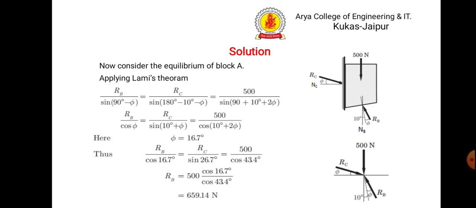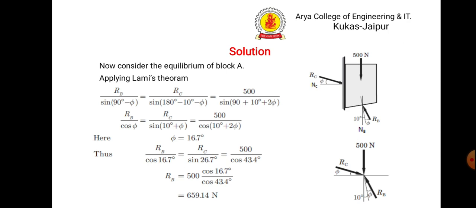So we put the value of phi as 16.7. Then we can easily calculate RB, which is 659.14 Newton, because in the wedge we are only interested in RB. There is no need to calculate RC.